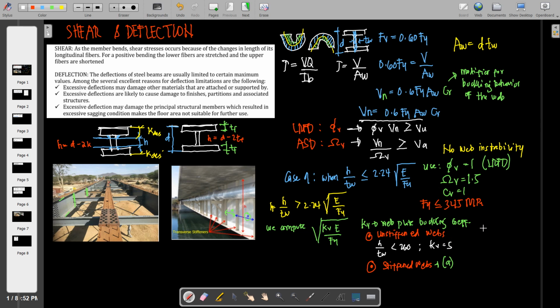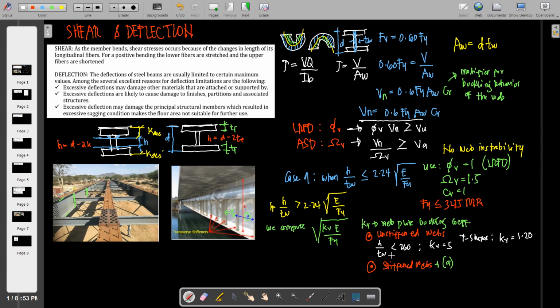But if we have stem of T-shapes, our KV will be equal to 1.2.